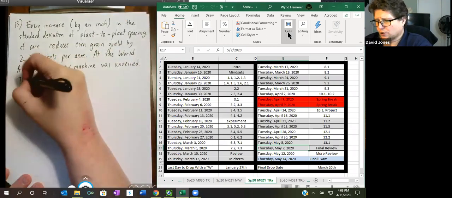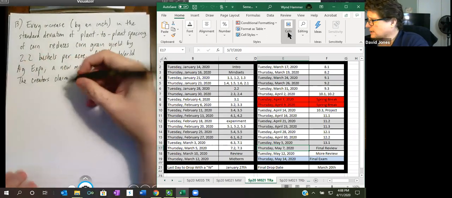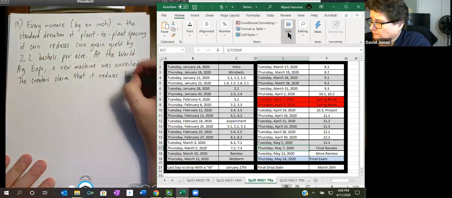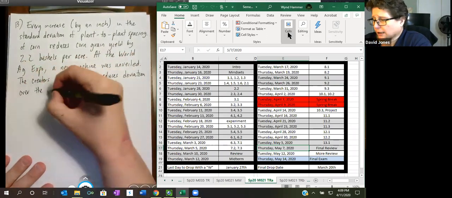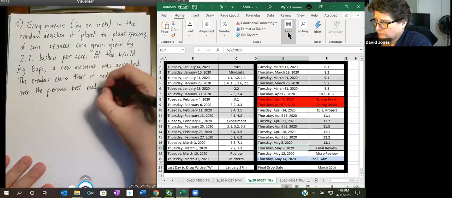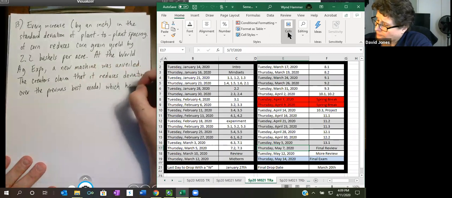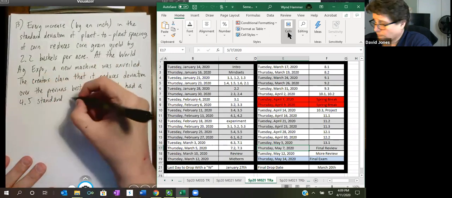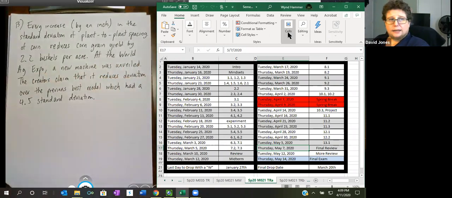And the creators claim that it reduces standard deviation over the previous best model, which had a 4.5 standard deviation. Lot to take in.